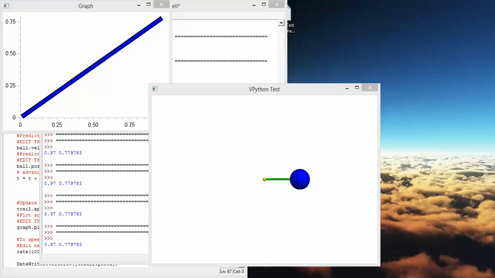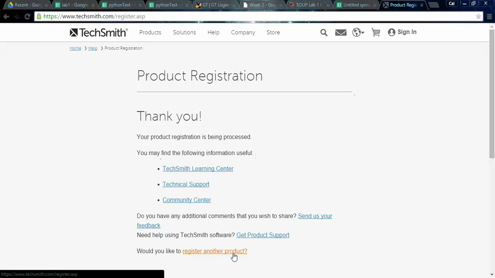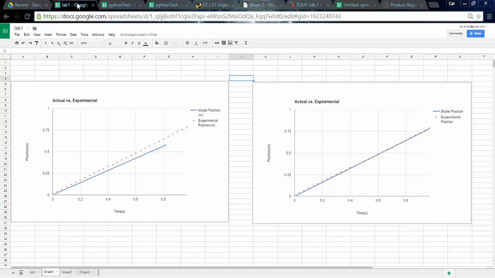I used Google Sheets to compare my experimental and actual results. Here on the left is when I used the velocity between the second and third points. This second and third point here has the same slope as my whole model position line.